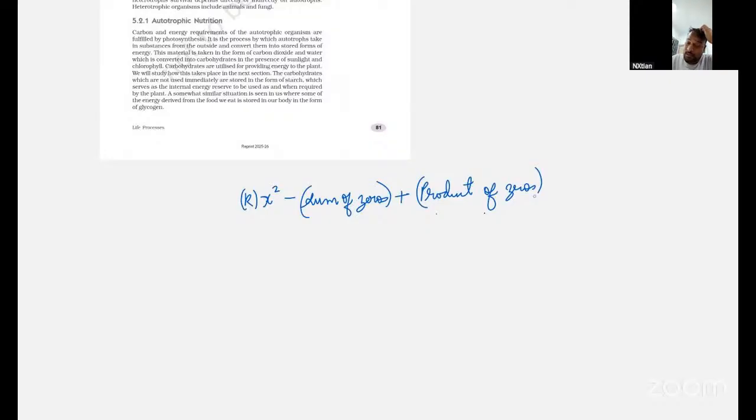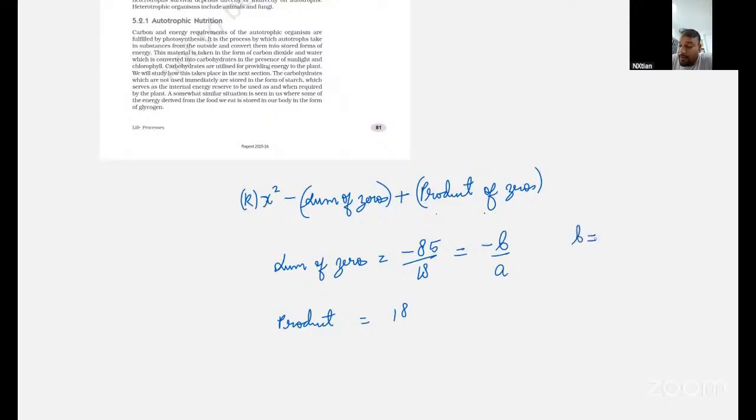Is any other thing given? Yes, the sum of zeros is minus 85/18 and the product of zeros is 18/18, that is c by a equals 18. So if I compare, sum of zeros is equal to minus b by a. So in this I will get that b is 85. And what is a? A is 18.